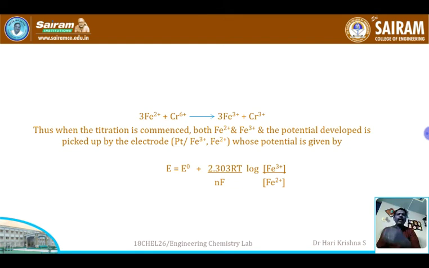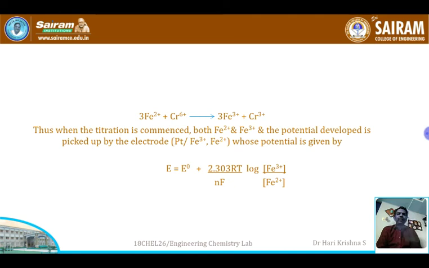As we go on adding potassium dichromate, the ferrous present in the beaker gets oxidized to ferric. This change in concentration will be picked up by the platinum electrode, and when we substitute in the Nernst equation, we get some potential. The potential will gradually increase.